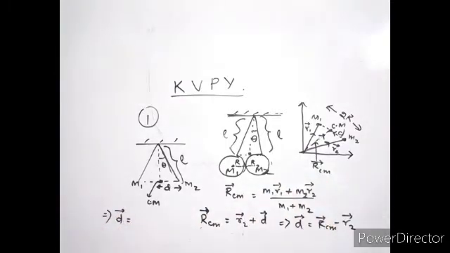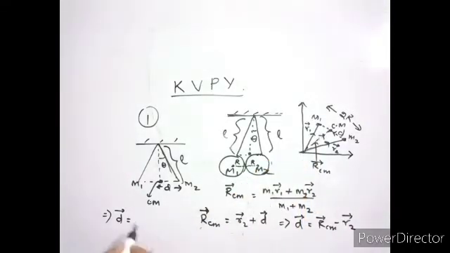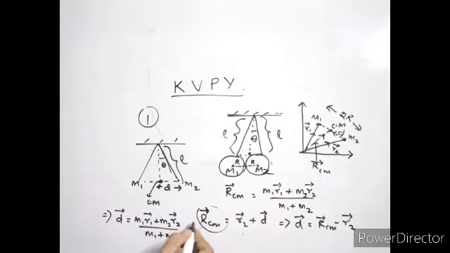Now that implies that d vector is equal to, we put the value of the position vector rcm that we have obtained, m1 r1 vector plus m2 r2 vector divided by m1 plus m2, and then minus r2 vector.